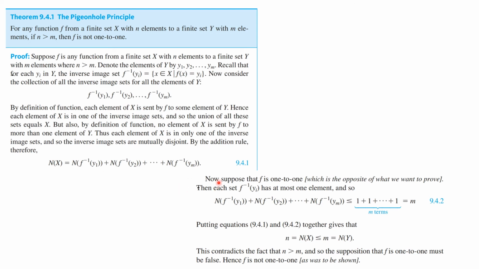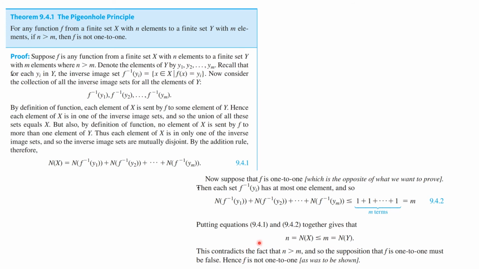Now suppose that f is 1 to 1, and by the way, that is a contradiction hypothesis. This is the opposite of what we want to prove. Then each of these sets has at most one element. If it's 1 to 1, there's only one image there, and so you add them up, and there were m of those, so you get m.